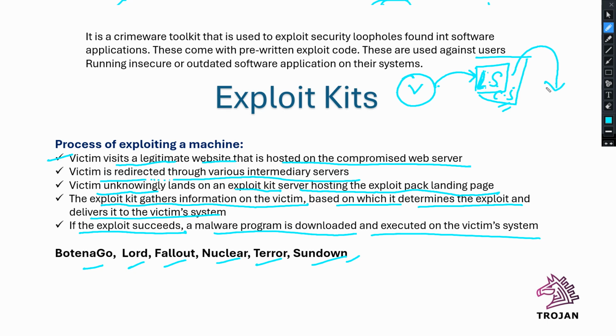And through which there are exploit kits on the server. The request reaches directly to this server, and here we have exploit kits. Now the exploit kits gather information about the victim, based on which they determine the exploit.